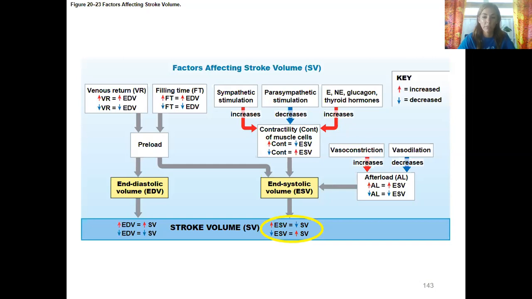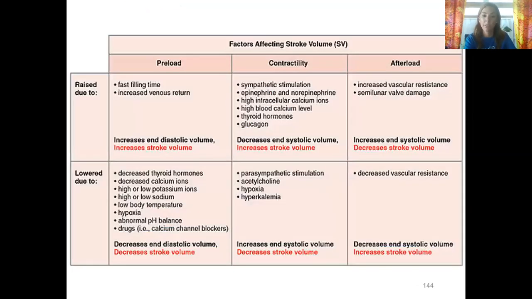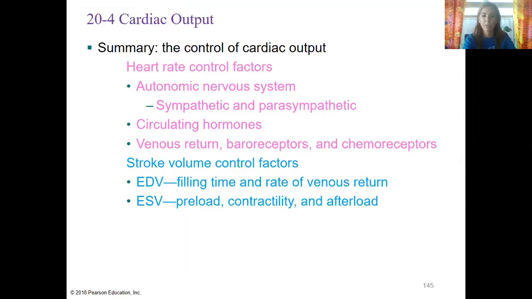Is this going to increase something or decrease something? That chart is there if that makes sense to you, or there's this one right here. It will tell you what happens with your stroke volume based upon these different factors. So use whatever works best for you.